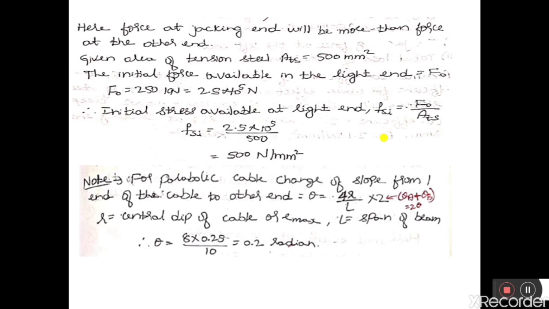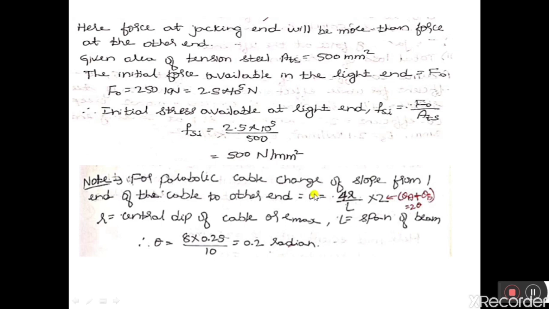With the help of this force and area, we can calculate the initial pre-stress. So initial pre-stress available at the right end, Fsi is equal to F naught by ATS. F naught is initial pre-stressing force at right end. ATS is the cross-section area of the tension steel. Therefore, Fsi is equal to 500 Newton per mm square. Initial stress at right end is equal to 500 Newton per mm square.